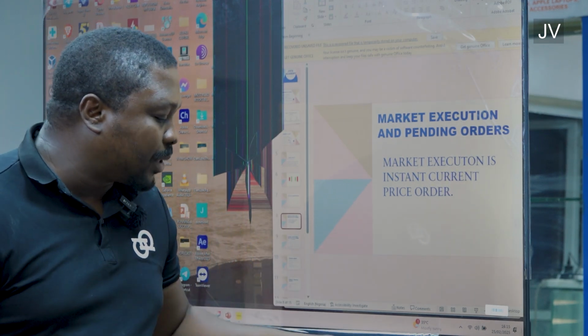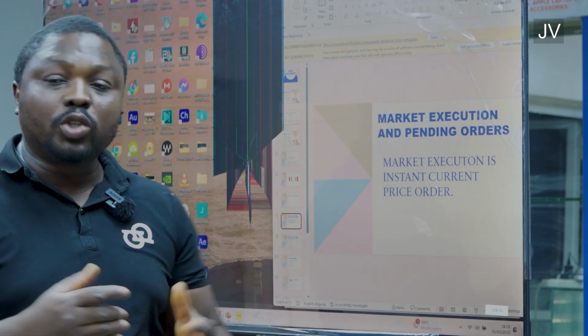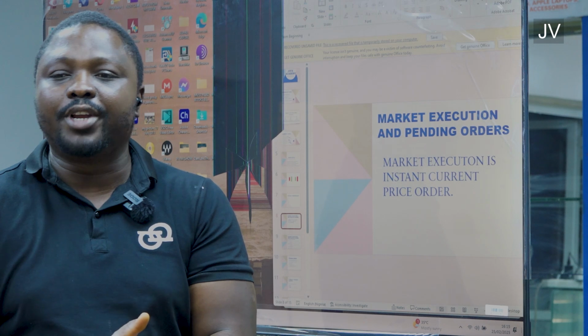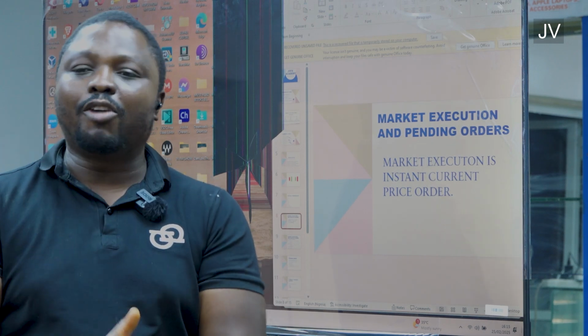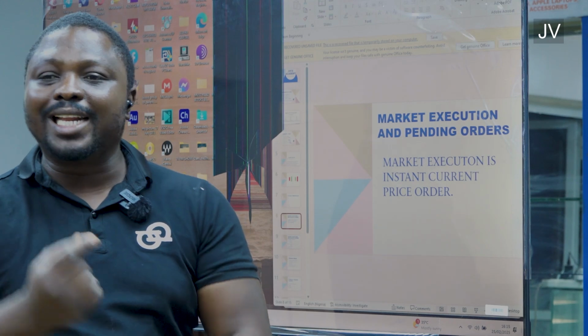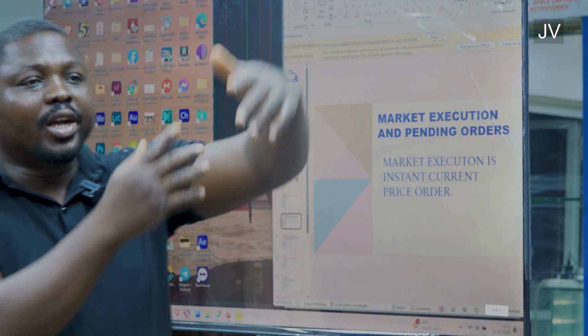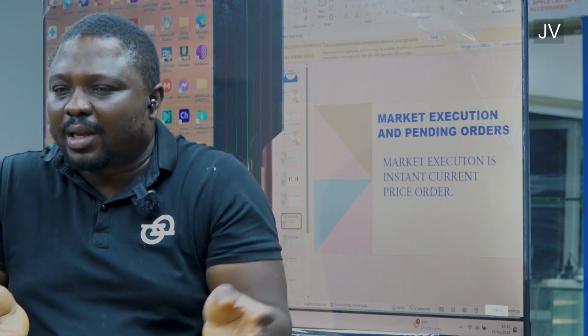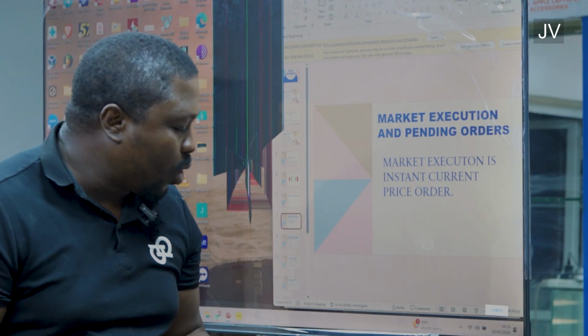Now, sometimes some people want to see certain price action take place, what they call bullish engulfing or bearish engulfing, before they enter. Some people want to see a doji, meaning the long wick and short body, a very, very tiny body. At times you don't see a body.